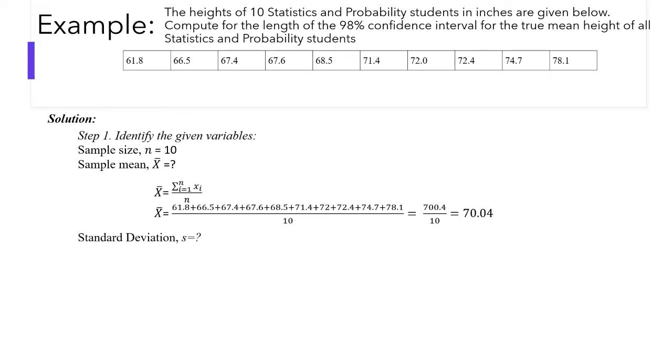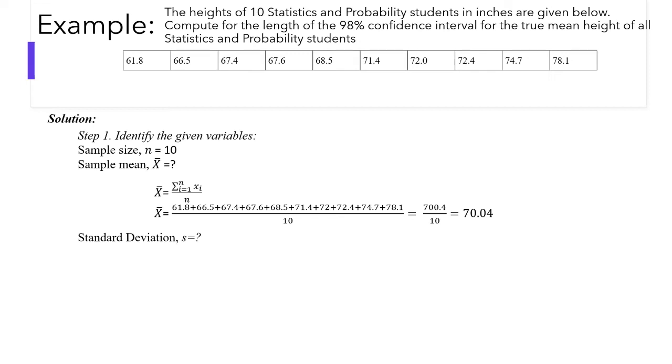For our solution, let's identify the given variables. Our sample size n is equal to 10. Our sample mean is unknown, so we will compute the sample mean, having a formula of the summation of all x divided by n.